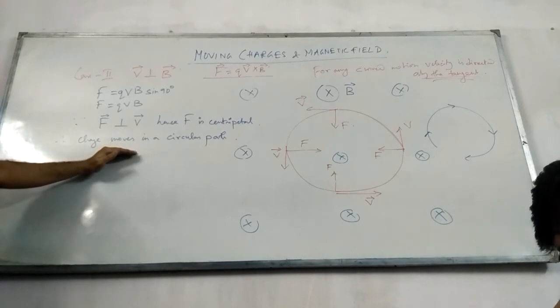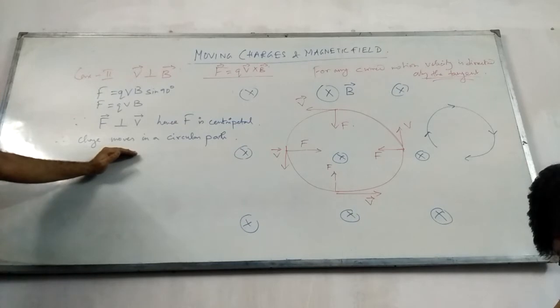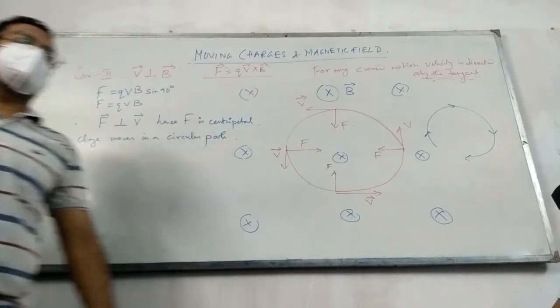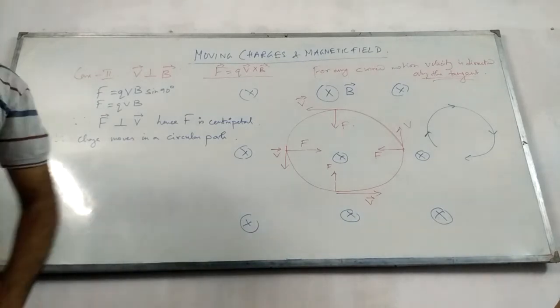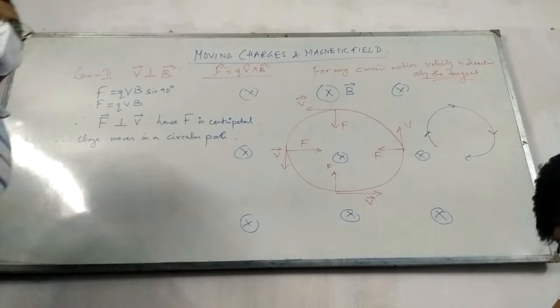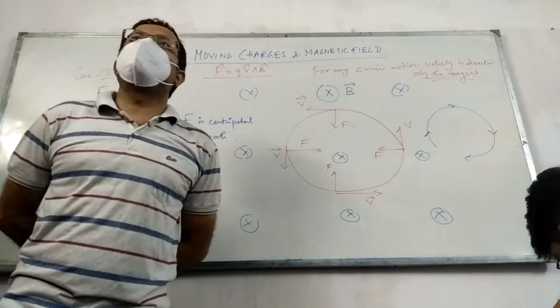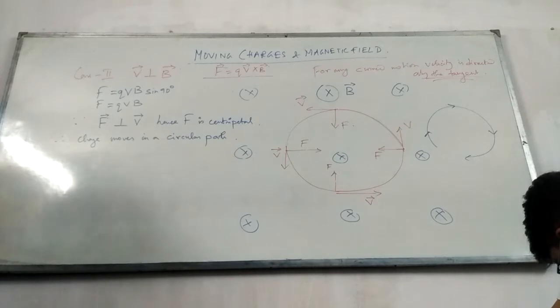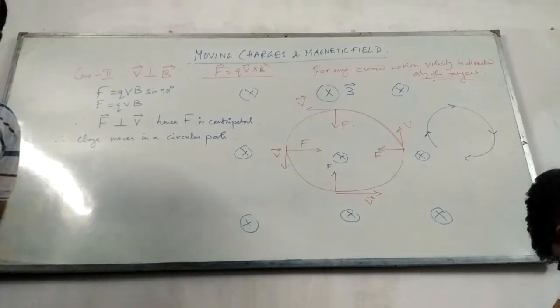Now I have a question. Can you tell me what will be the radius of this circle? How do you find out the radius of this circle? Anybody remember the expression for centripetal force?